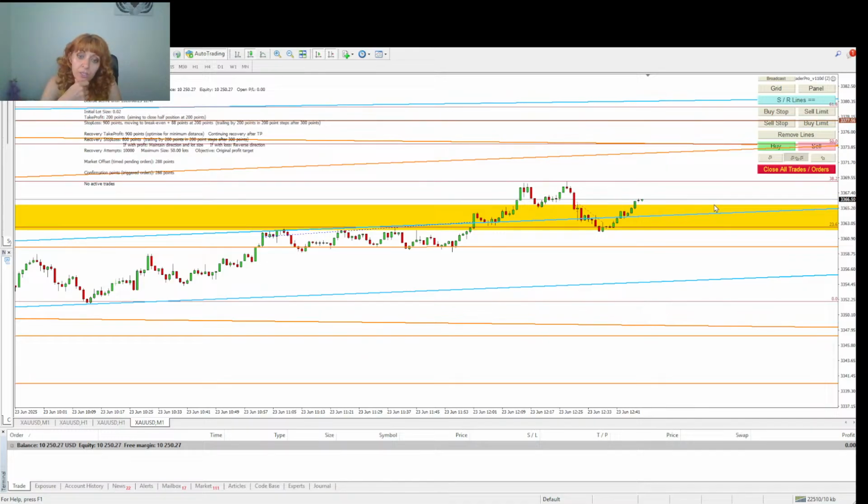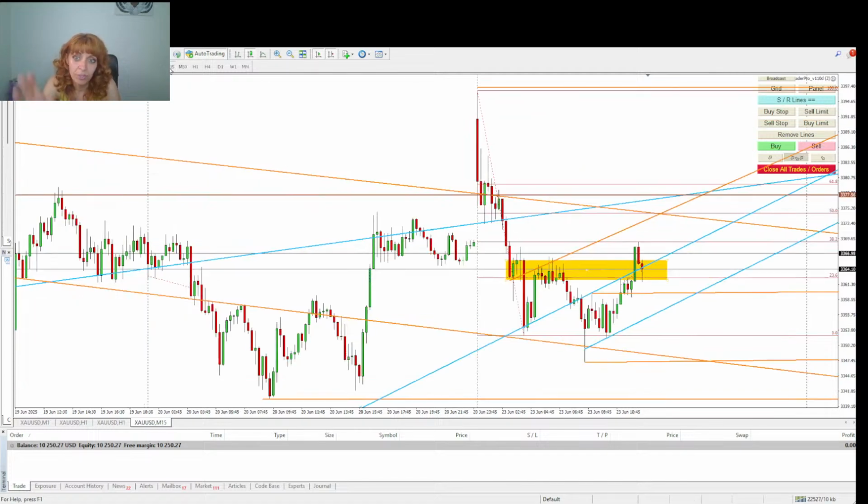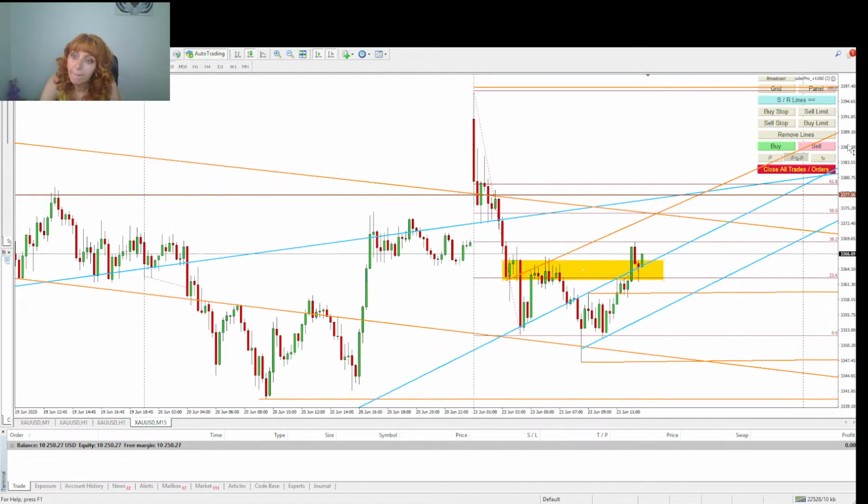How big the lot size will grow, how many trades could be floating at the same time, and could there be any benefit of doing it this way. Like I'm saying, it could be beneficial if you have a big account, using smaller lot sizes, so you know the risk, and you know that you're not going to blow it if you have 10 or 15 trades floating at the same time.